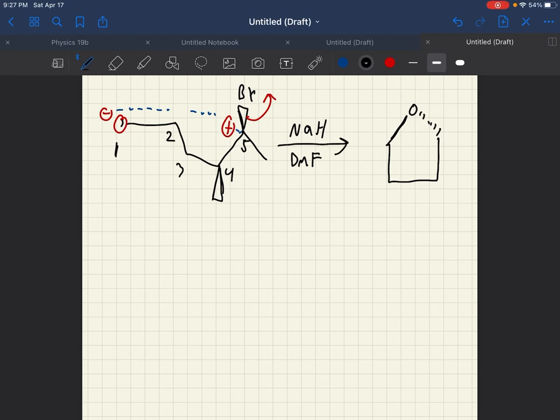And then know that right here, if this is going to be 1, this is going to be 2, this is going to be 3, this is going to be 4, and this is going to be 5. So now then put that there. And that's all you have to remember.